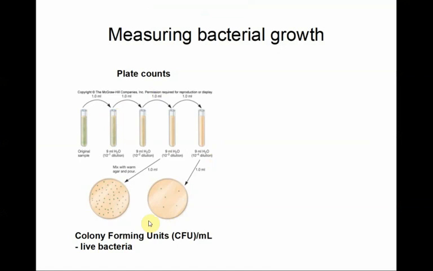Each colony comes from one live viable bacterium present in the sample. You count the colonies, multiply by the dilution factor, and that's the number of bacteria per ml in your original sample.